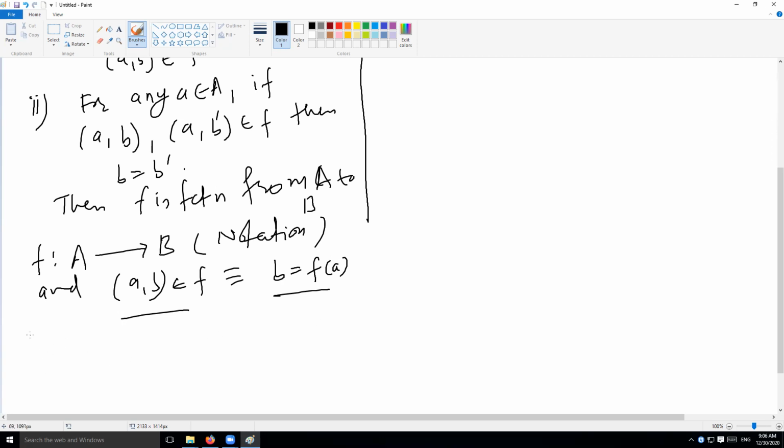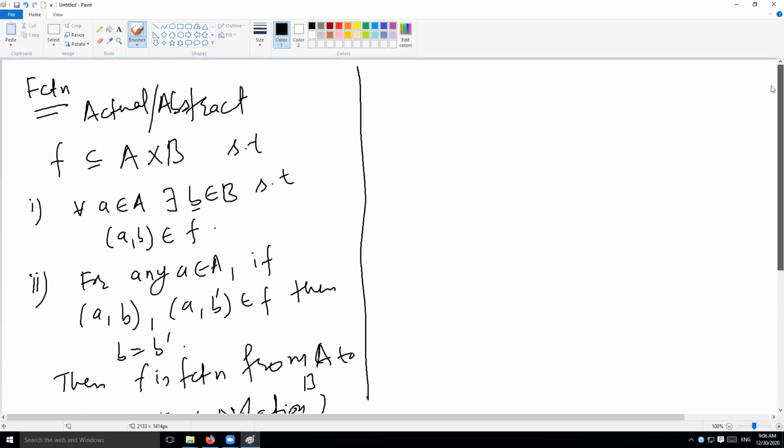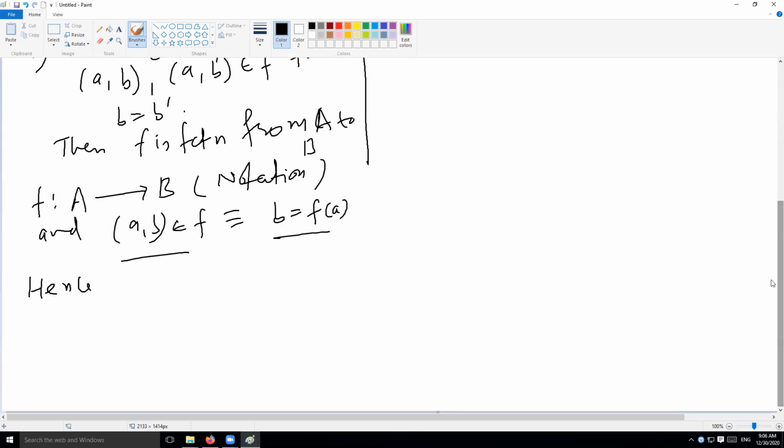Hence, we may define function in another manner.